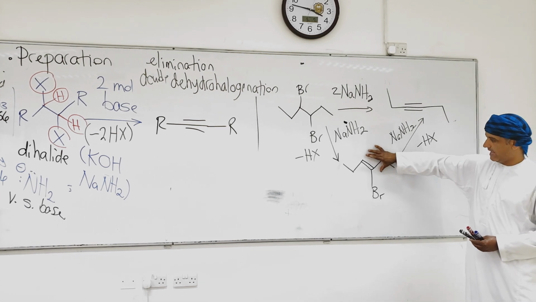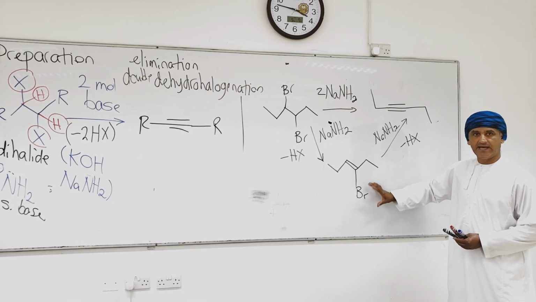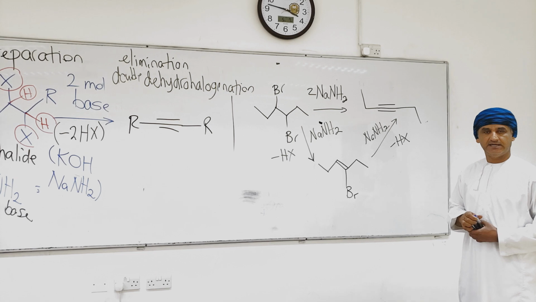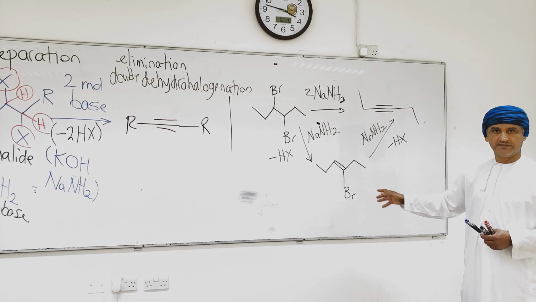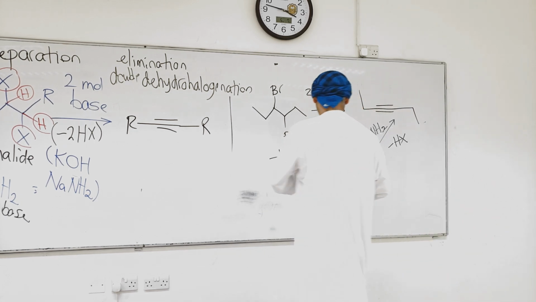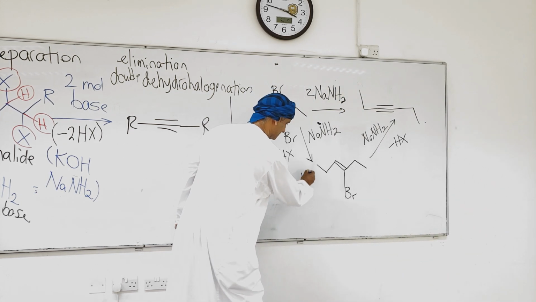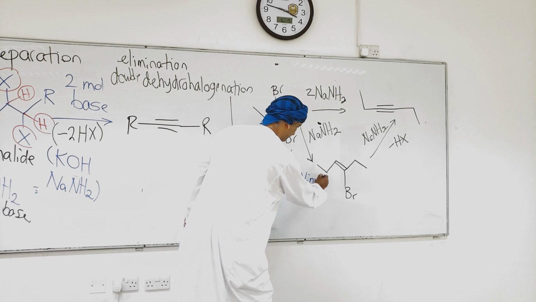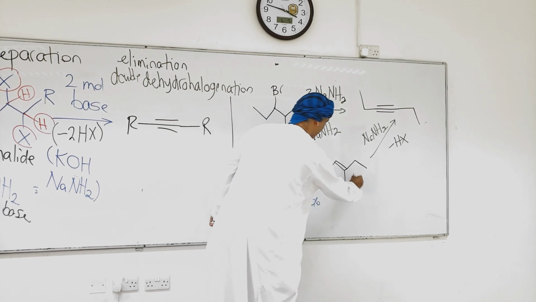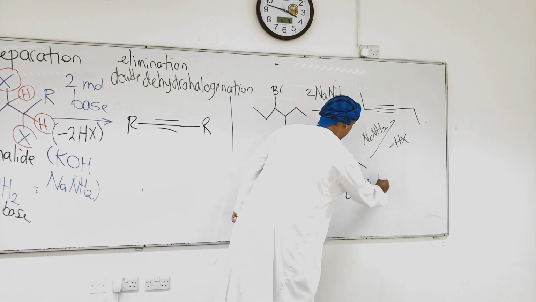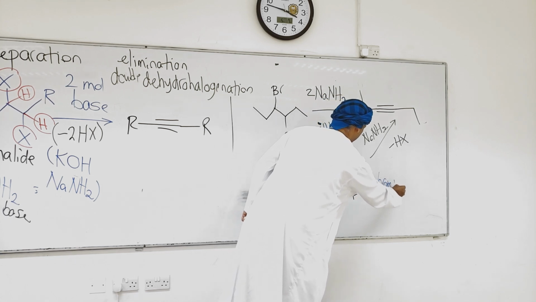It's described as a vinyl halide. This is a vinyl halide compound, or vinyl bromide specifically in this case. It's thought of to be an intermediate in these types of reactions.